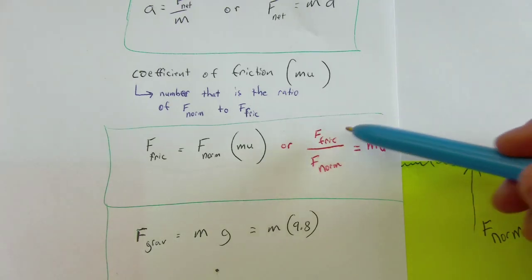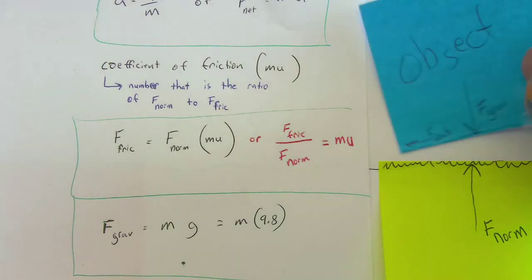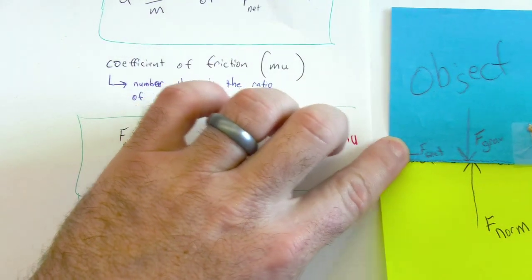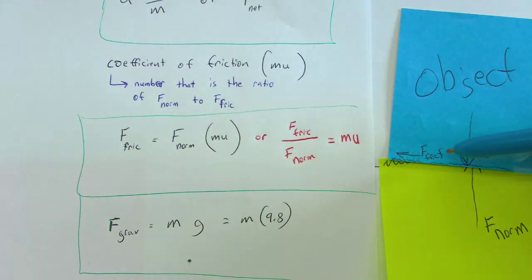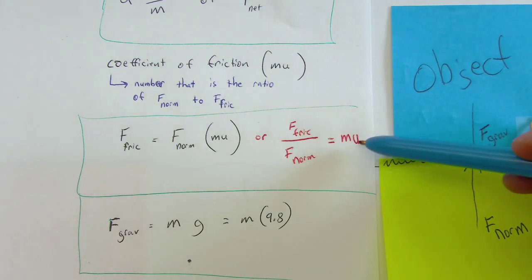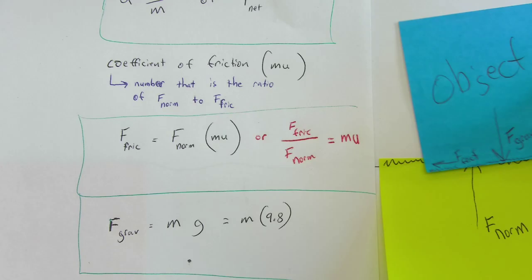They'll take, well, what is the force of friction? Remember when we're back here on our object, if we were pulling to the right here, what would this force of friction be? We could measure it and compare it to the force normal. And that's where that coefficient comes from. But oftentimes that mu is just a published value, as I'll show you in a second.